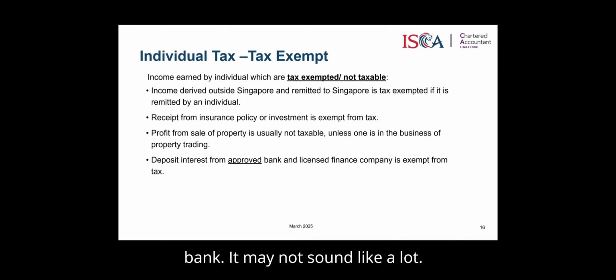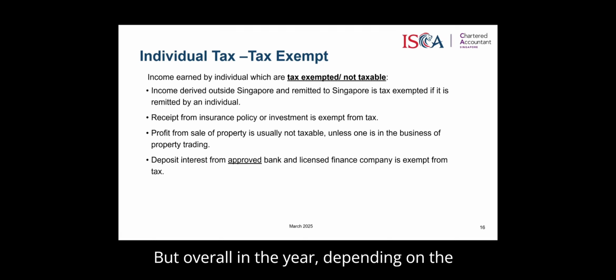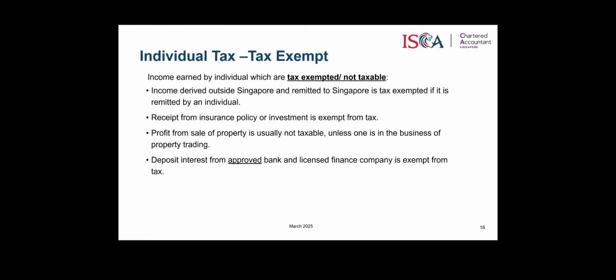It may not sound like a lot, but overall in a year, depending on the amount that you deposit, it could be from several hundred to several thousand Singapore dollars. Generally, this income is also exempt from tax in Singapore, so there is no need for you to report it in the income tax return.